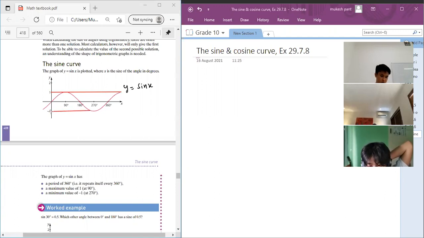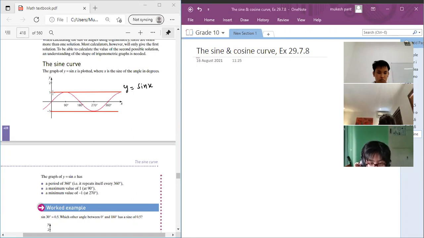Minimum is negative. Okay, maximum. So what is the maximum value of this graph?